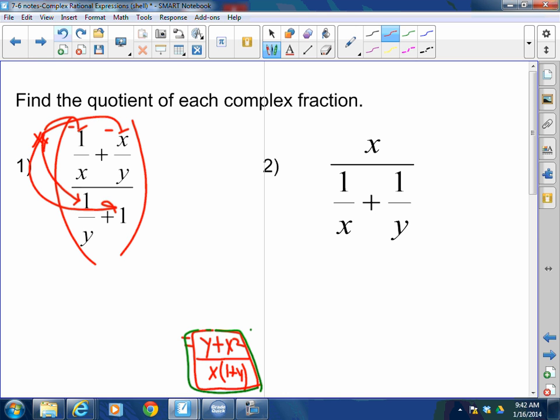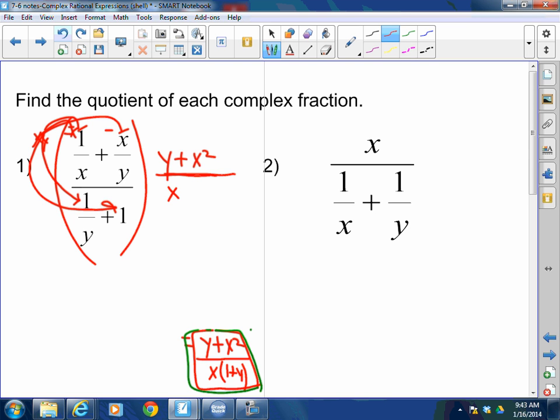So what's xy over x? When I multiply here, xy over x. Y. Plus what's x squared y over y? X squared. Over. What's xy over y? And what's xy times 1 plus xy?